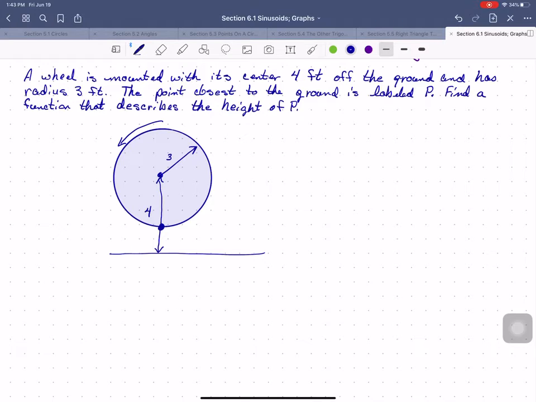So let's do this. Think about my angle of rotation, and we're just going to write down the height of the point. When we start, we have not rotated our wheel at all, and my point is 1 foot off the ground. Now, if I rotate my wheel counterclockwise, I'm going to make life easy on myself, and we're just going to go 90 degrees, so pi over 2.